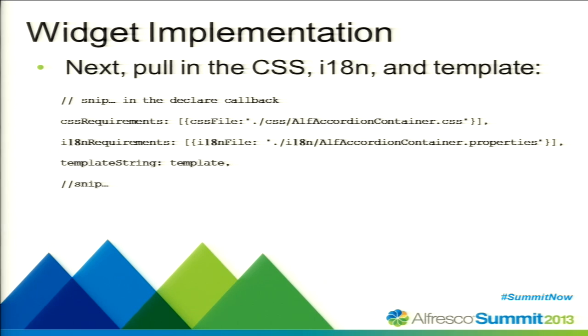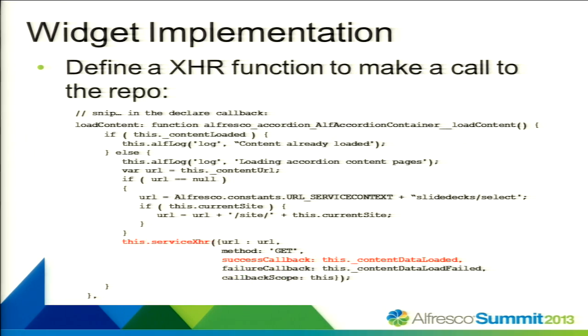So the next thing inside of the widget that I would do would be to pull in my CSS, my internationalization strings, and then the template for the widget itself that I just defined up in the resource array up there. So that's all pretty straightforward code.